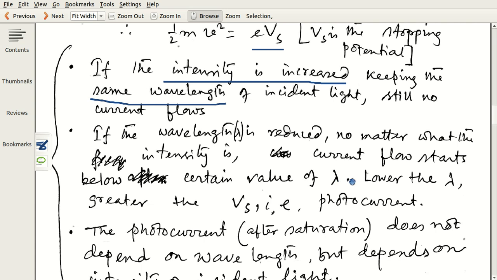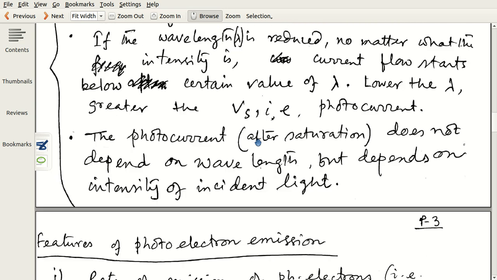If you check, as lambda is lowered, the stopping potential increases. It means if intensity increases, photocurrent increases. In other words, the photocurrent at saturation value does not depend on wavelength but depends on intensity.